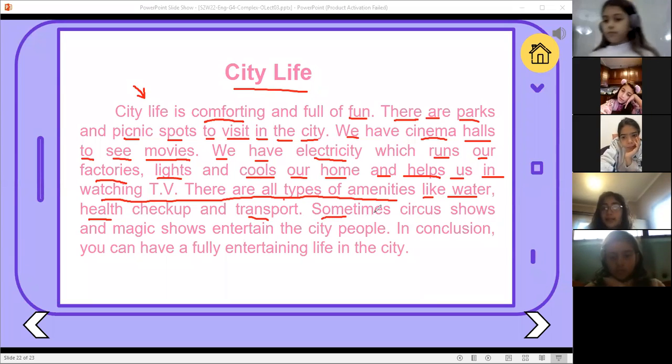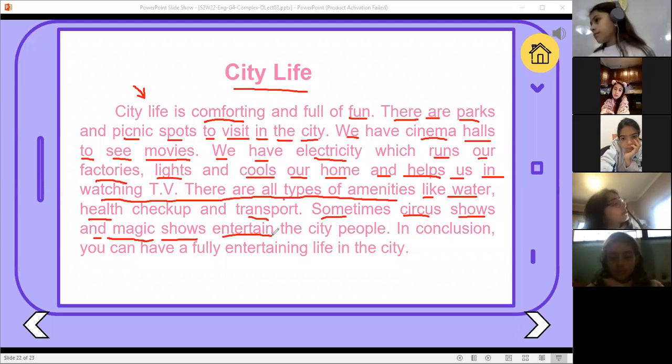Sometimes circus shows and magic shows entertain the city people.